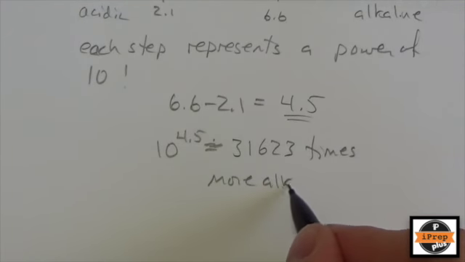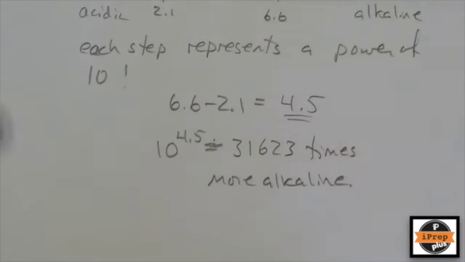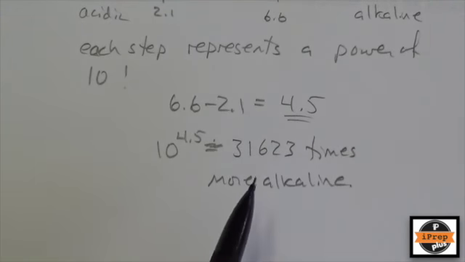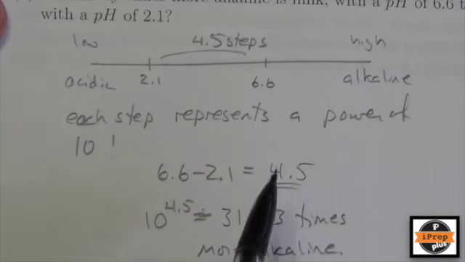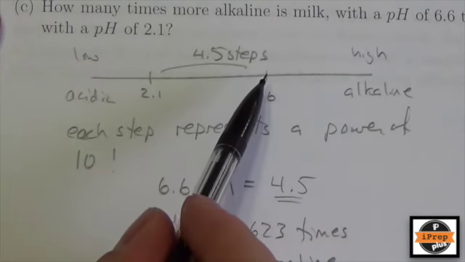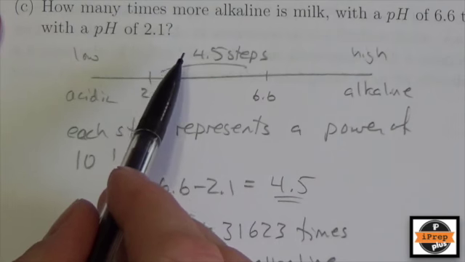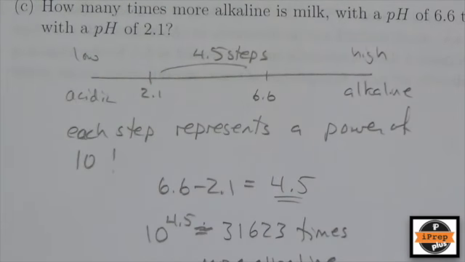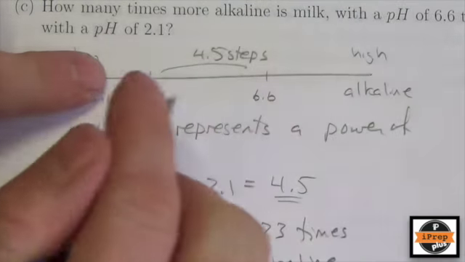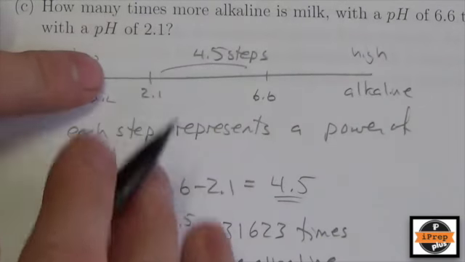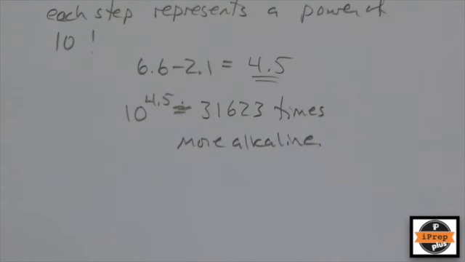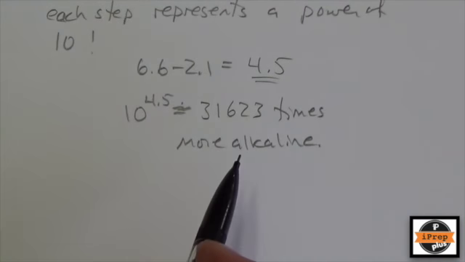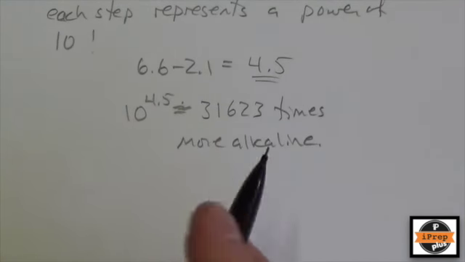Now, if I wanted to test how many times more acidic milk is, then I would incorporate the negative, because going this way is actually a drop. If I'm talking about acidity, my acidity drops this way. So this is a drop of 4.5 steps, and it just becomes the reciprocal of that, 1 over 31,623. But in this case, we were asked to compare the alkalinity, and that's how we would do that.